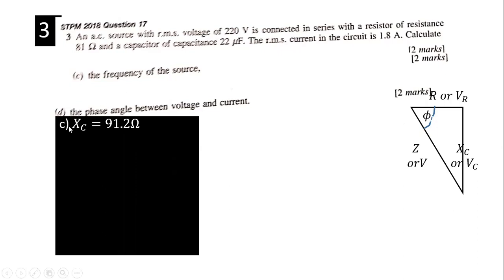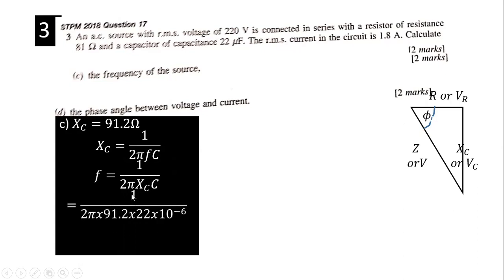You calculate your capacitive reactance, then go to the formula XC equals 1 over 2 pi FC. Cross multiply to find your F, take your XC down, put in your value. Your XC, 2 pi, and then the capacitance is here, and calculate your frequency.